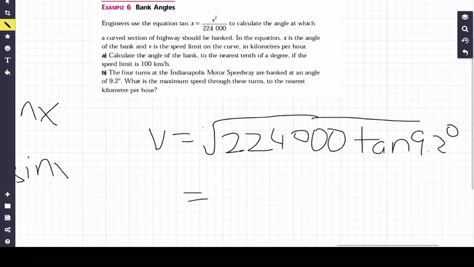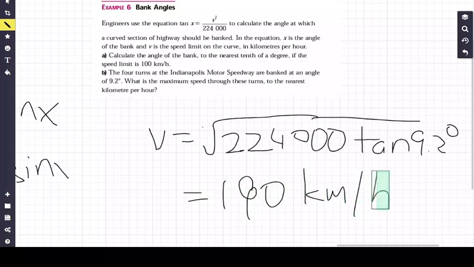Let's go ahead and calculate that. So you're going to get 190.47, which rounds down to 190 since you're working in kilometers per hour. And there we go. We're done the question.